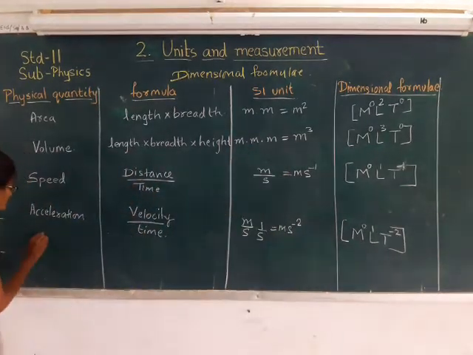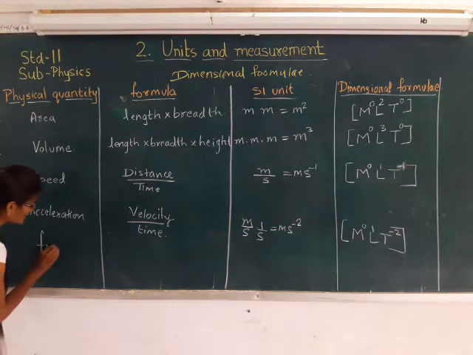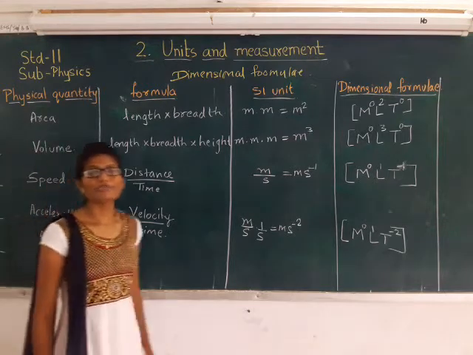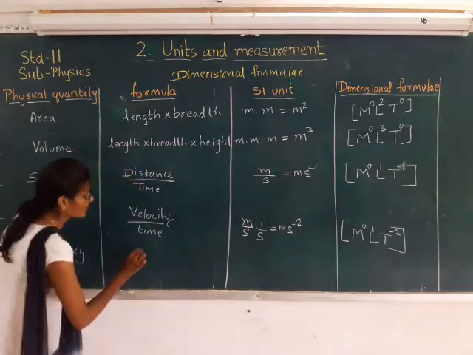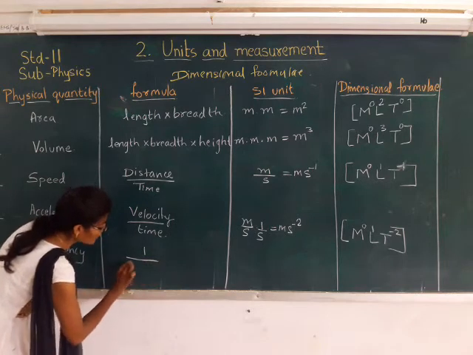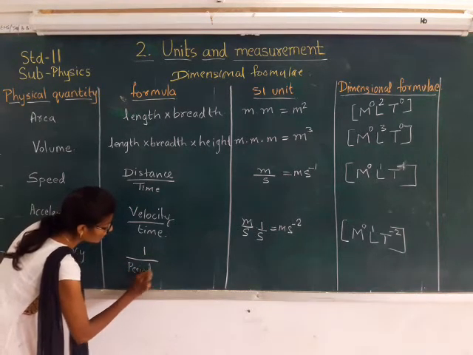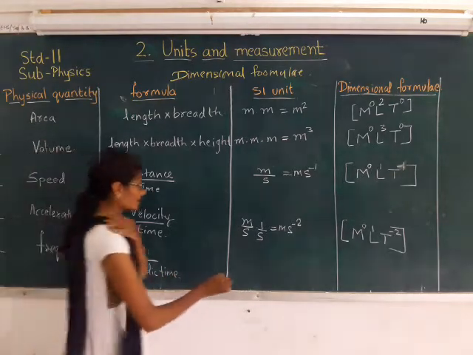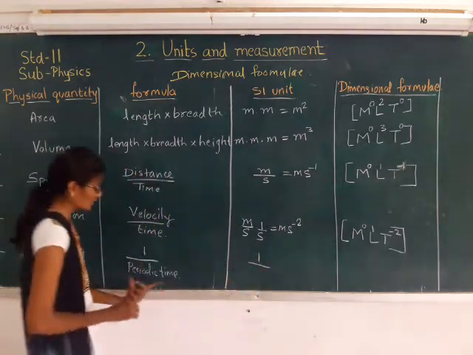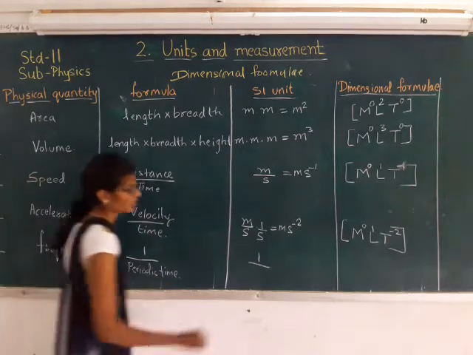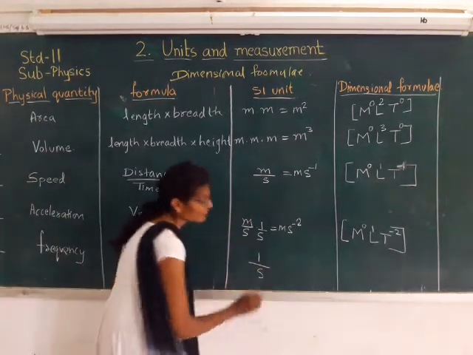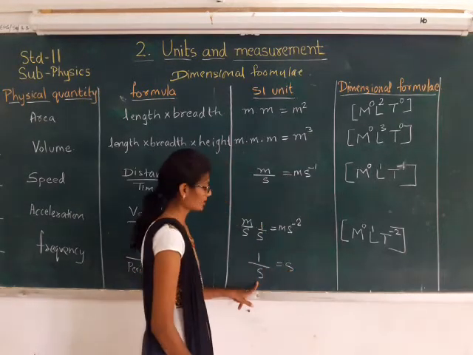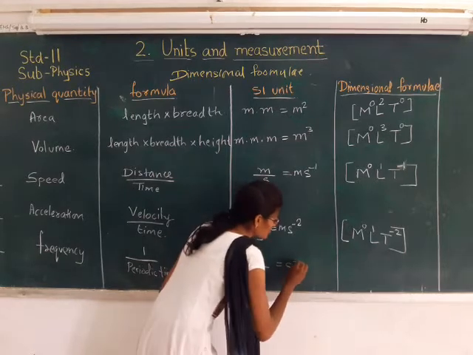Now let us take another physical quantity, that is frequency, right? And the formula for frequency is the reciprocal of the periodic time. So its unit is 1 upon the unit of periodic time, that is second. So you can write 1 upon second, or you can take this denominator to the numerator, taking the power as negative.